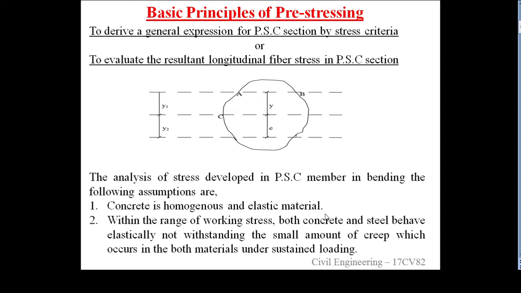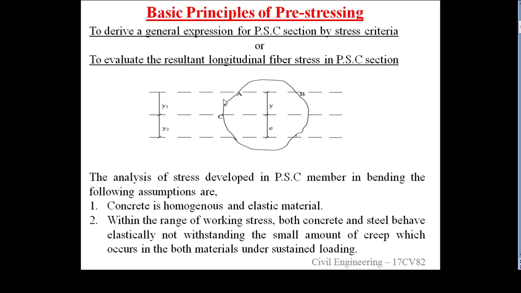Then the second assumption is that within the range of working stress, both concrete and steel behave elastically, notwithstanding the small amount of creep which occurs in both materials under sustained loading.